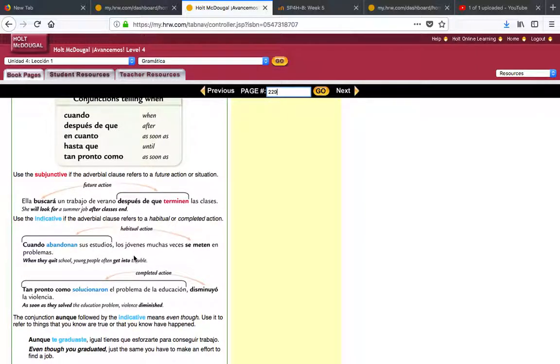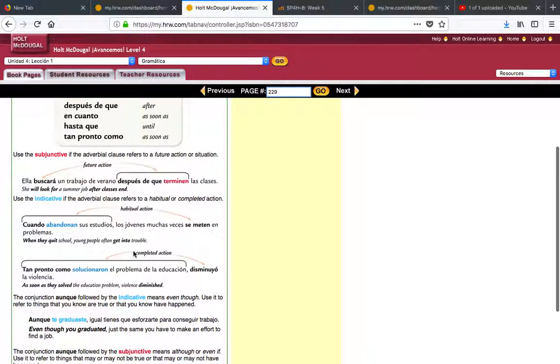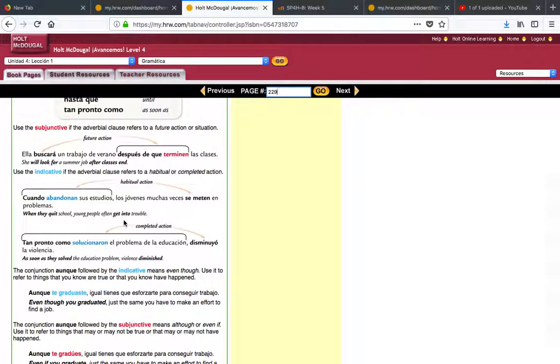That's why we keep our kids in school. So that's a habitual action. When you're talking about habitual action, you have to use present and present, which we also call indicative. And then when you're talking about complete actions, which is pretty much past tense, you have to use past and past in both verbs.